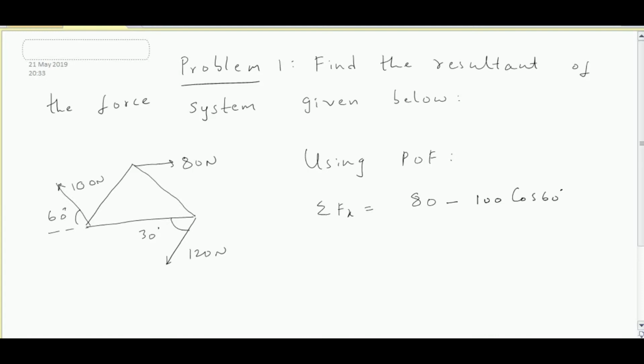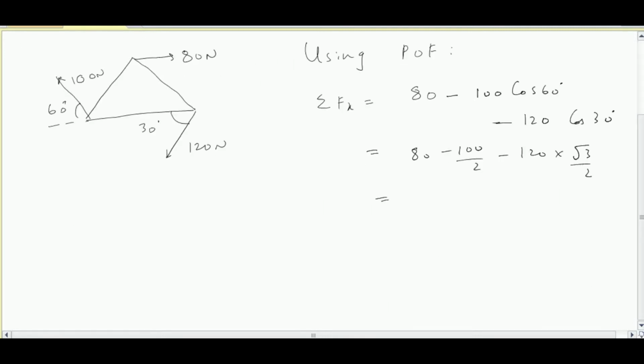The projection is 100 cos theta. So 100 cos 60 minus 120 cos 30. If we calculate all the forces, we get minus 73.92 Newton. So in the x direction, the force is in the negative x-axis direction.